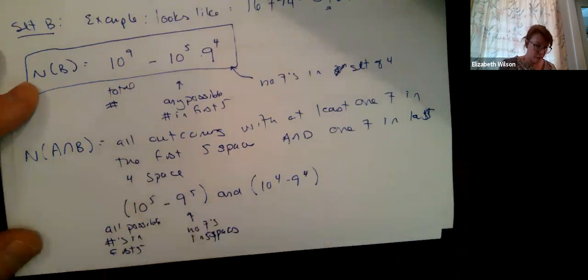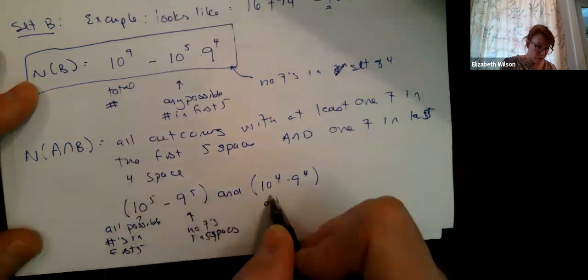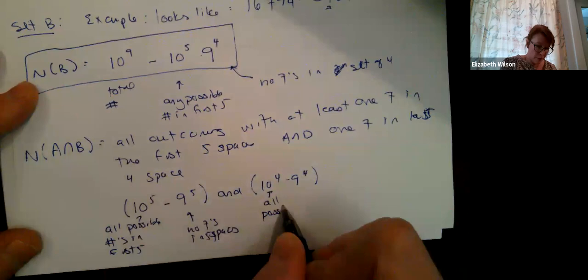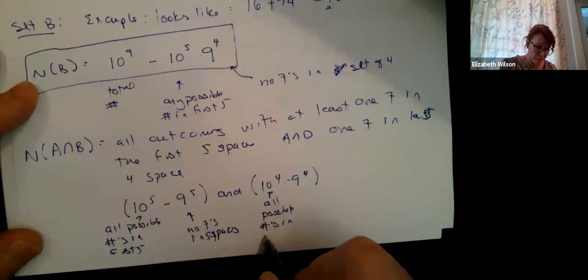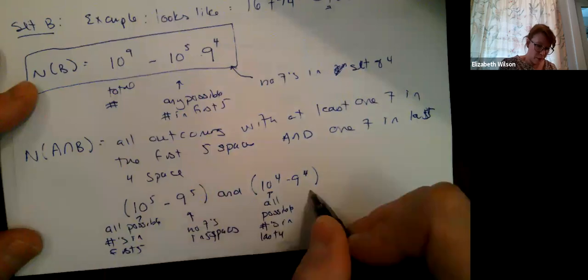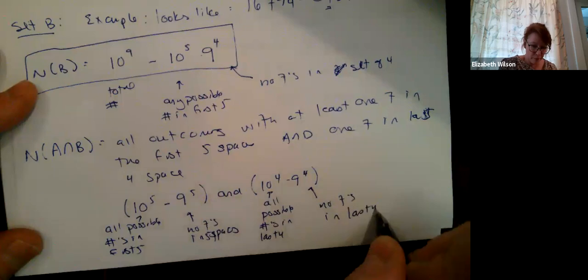Okay, this is all possible numbers in last 4, and this is no 7s in the last 4, right here.